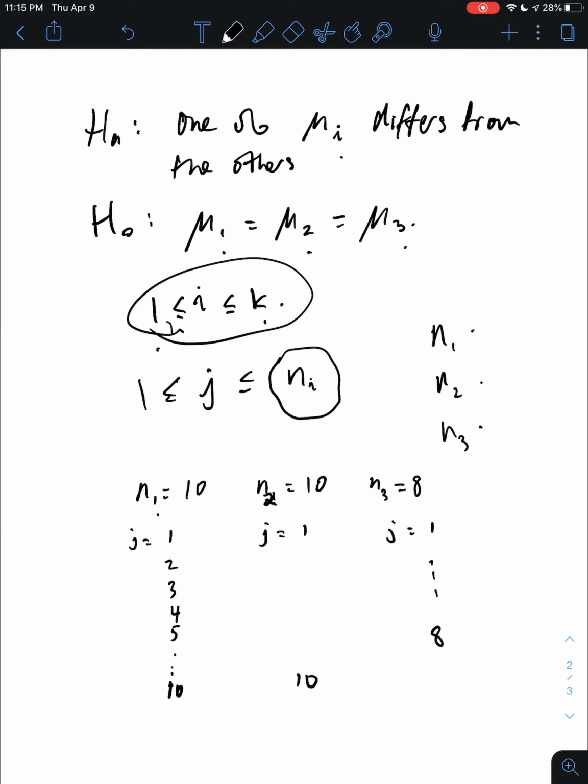So in this sample, there are fewer experimental units, fewer individuals, so this J letter indexes or gives a number to each of these participants. It only goes from 1 to 8 in this sample, but it goes from 1 to 10 in the others. Okay, so that's what J means. J is context dependent. It depends on which population we are examining at the time.